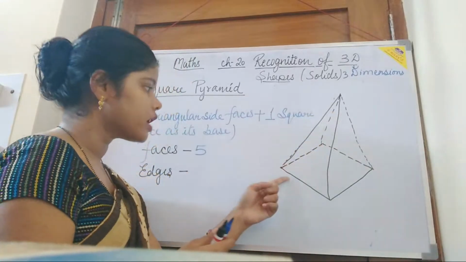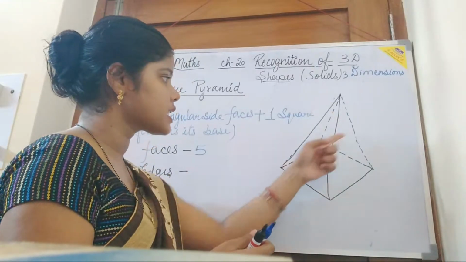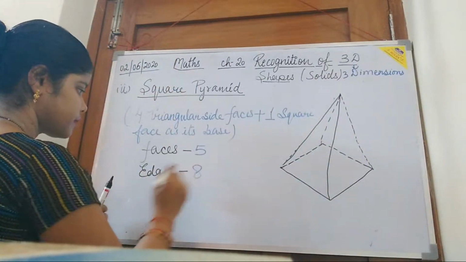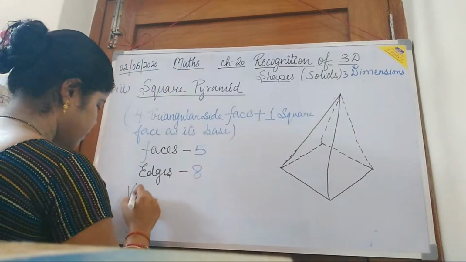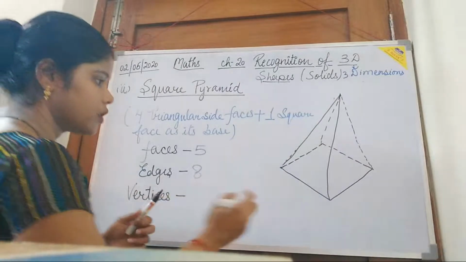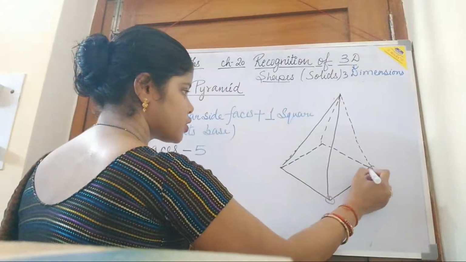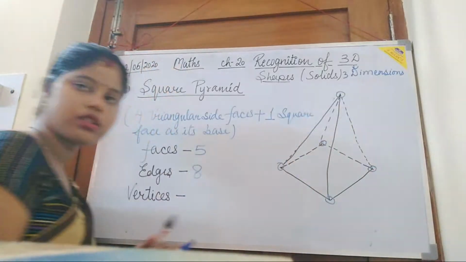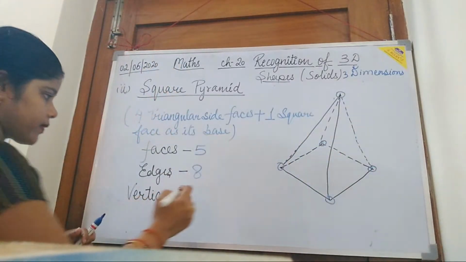So how many? 1, 2, 3, 4, 5, 6, 7, 8. So edges are 8 and vertices, counting its corners: 1, 2, 3, 4 and 5. So how many vertices? 5.